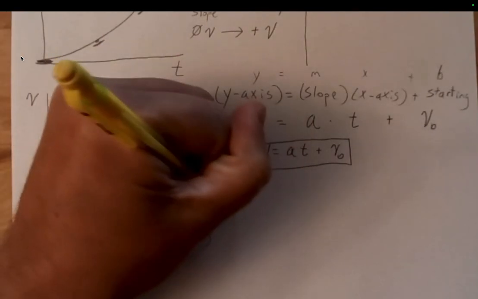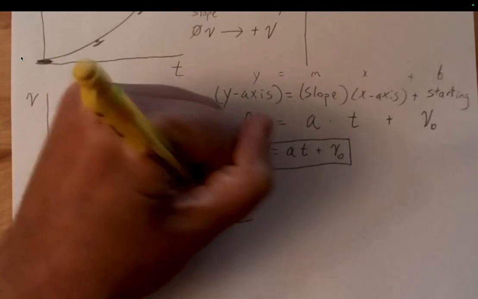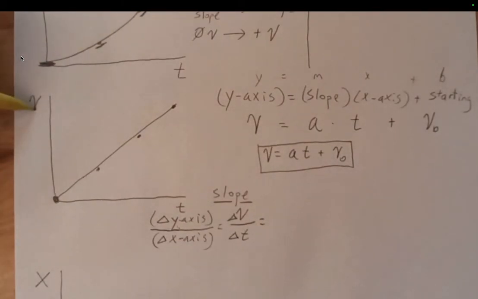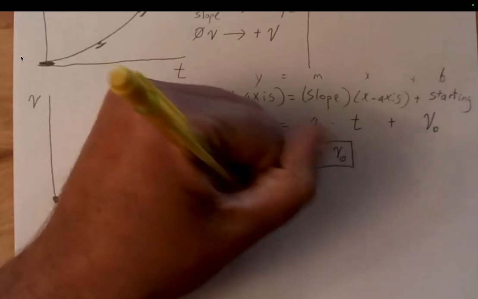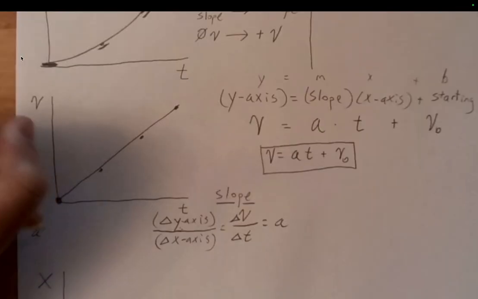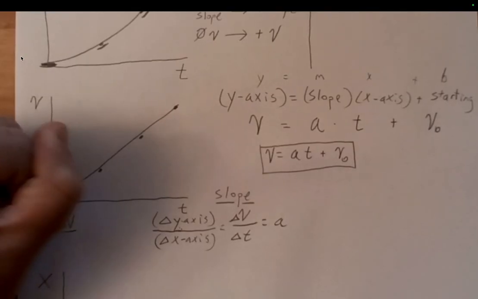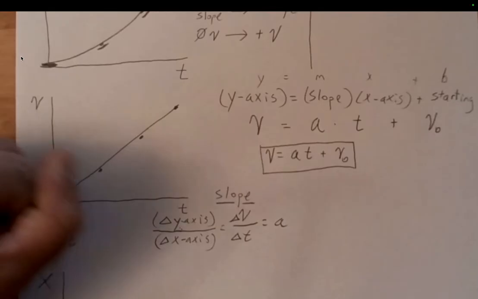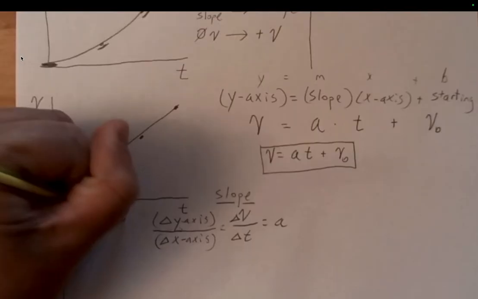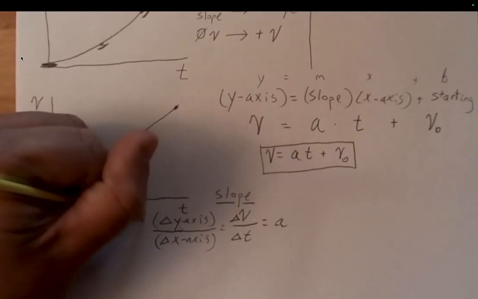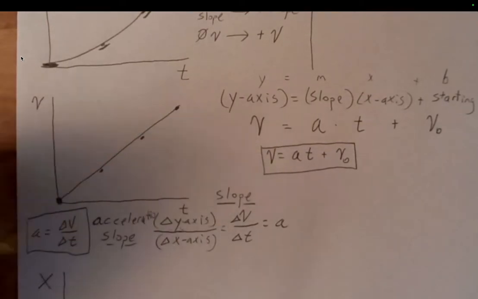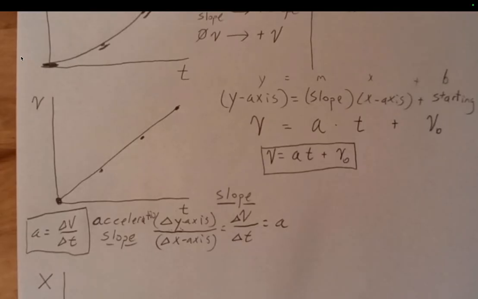So that's going to be velocity, change in velocity over a change in time, change in y-axis over change in x-axis. That is going to be our acceleration. So our acceleration here is this change in v over change in t. So our acceleration is the slope of this velocity versus time graph.